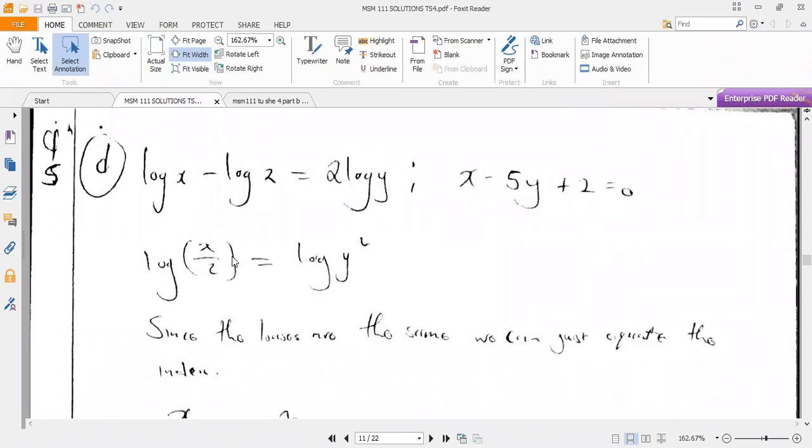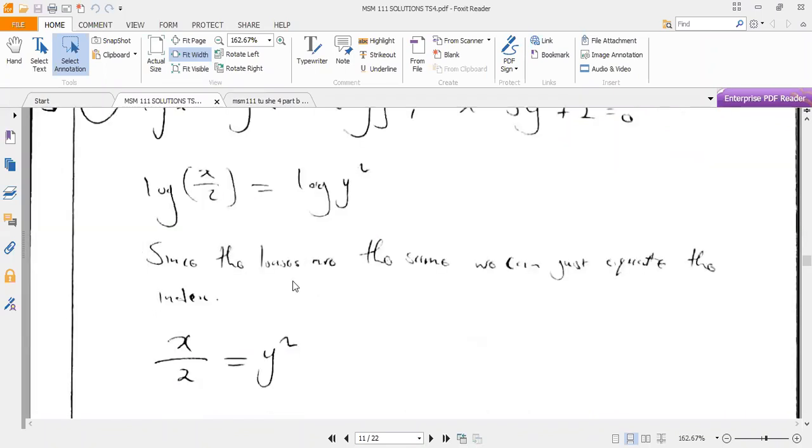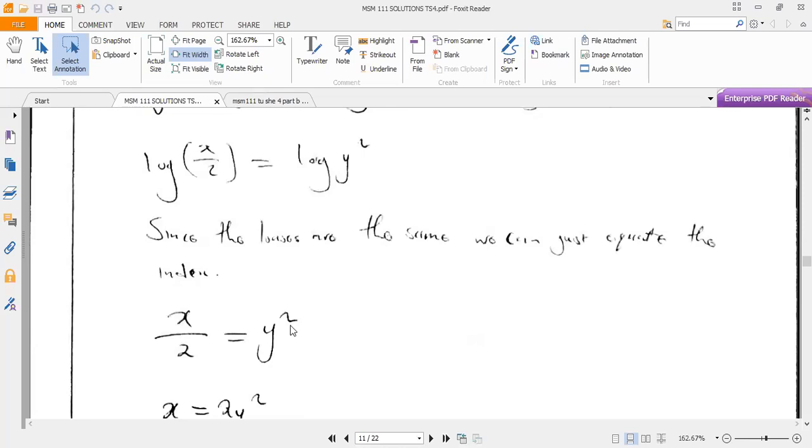Using the equality rule, you have noticed that the base is the same as the one on this side, so we can assume that the arguments are the same. So you just say x over 2 is equal to y squared. Since the bases are the same, even the arguments, x over 2 and y squared, are equal as well.